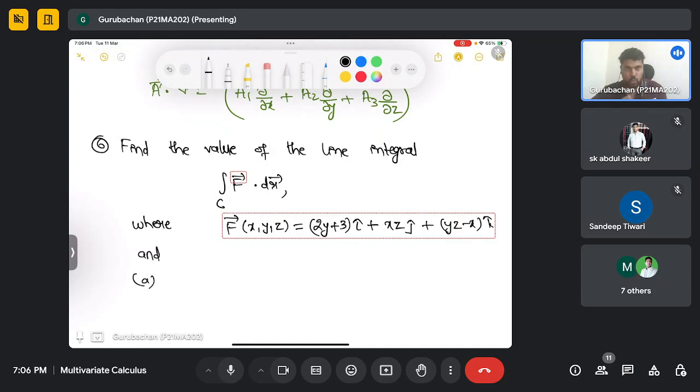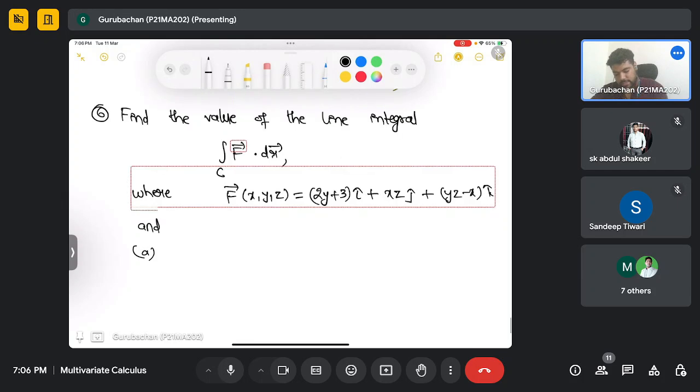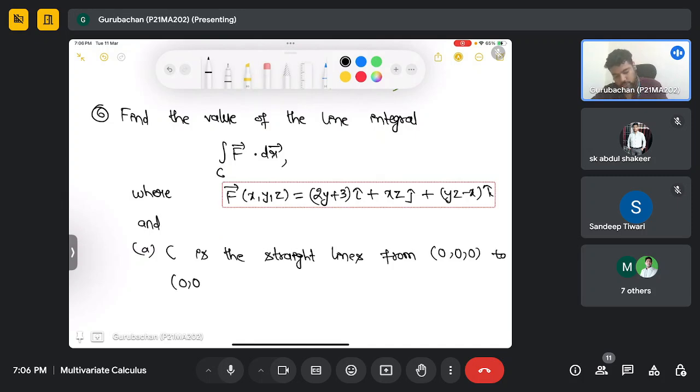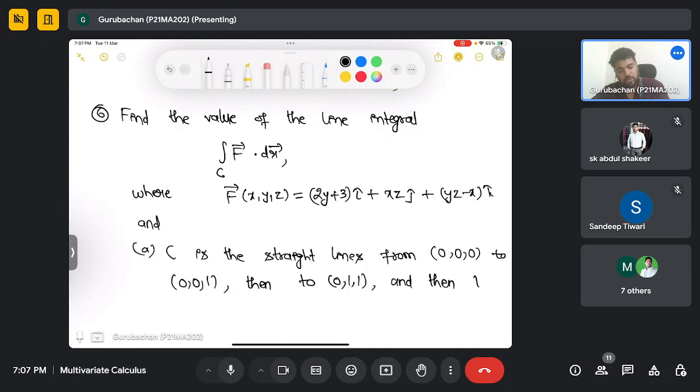And I will take two curves. First one: C is the straight lines from 0 0 0 to 0 0 1, then to 0 1 1, and then to 2 1 1.